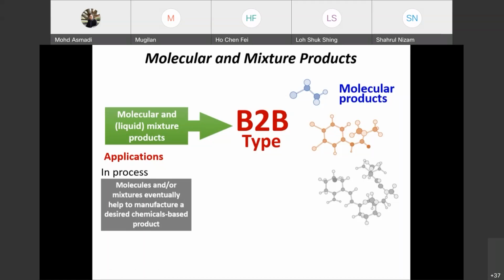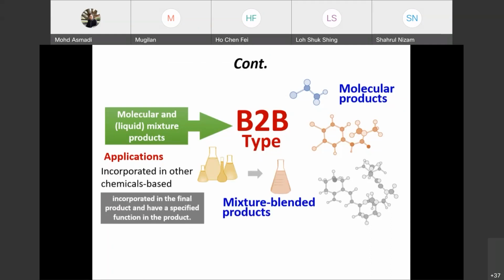And then the second one is the mixture blend products. This application is incorporated in other chemical bases, incorporated in the final product and has a specified function in the product. Just like now I show you the toothpaste and also hand lotion. So that is the mixture blend.